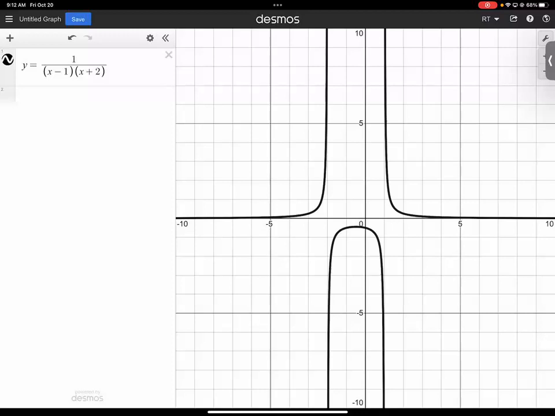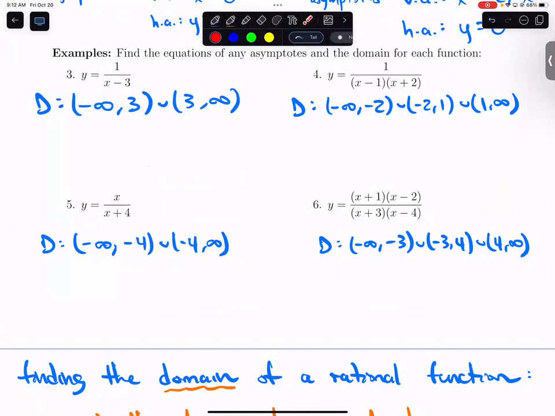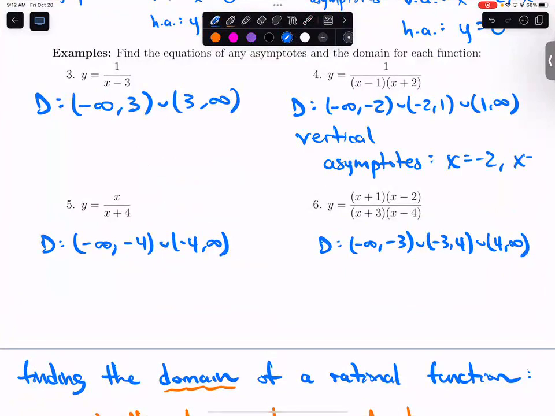The same thing happens at 1. So this has 2 vertical asymptotes. Which one was that? 4? x equals -2 and x equals 1.